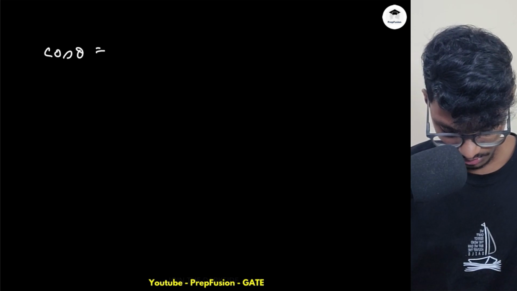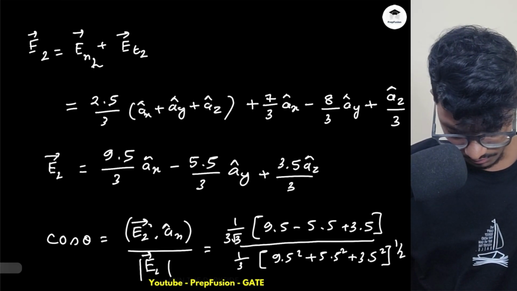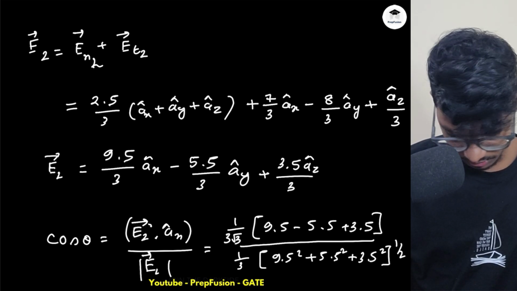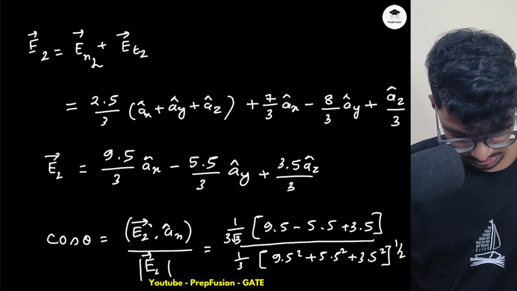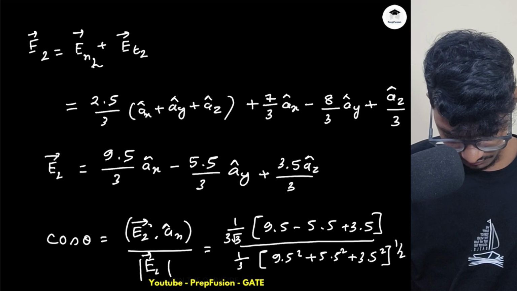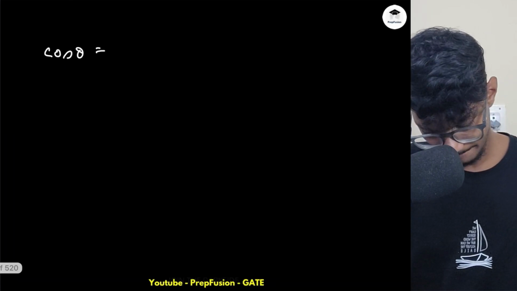So from this my cos theta will be what? Let me quickly write the things down here. This will be 9.5 minus 5.5, so this will be 4, and if I just add 3.5, it will be 7.5. So 7.5 divided by root 3, this is 4.33.